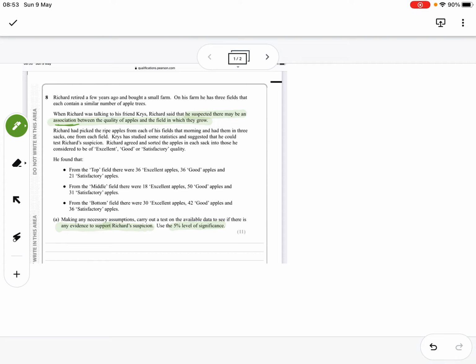So this is the hypothesis test where you've got H0. H0: there is no association between, this is the one everyone hates writing out, apple quality and field grown, or just field.